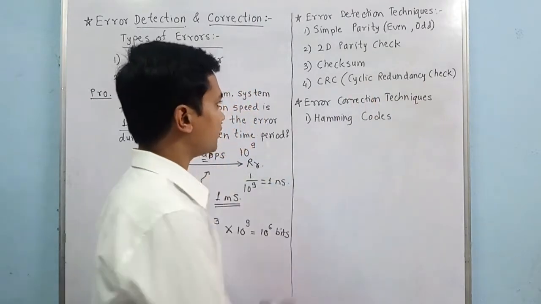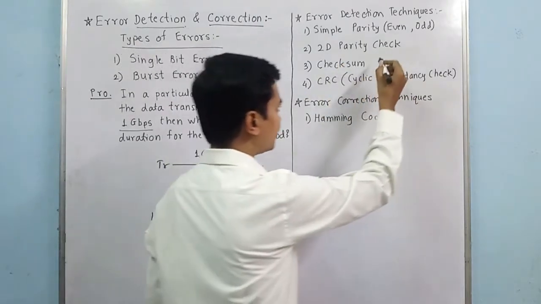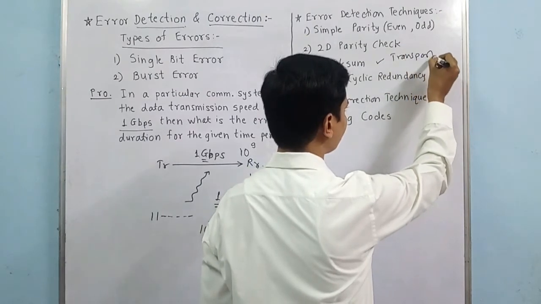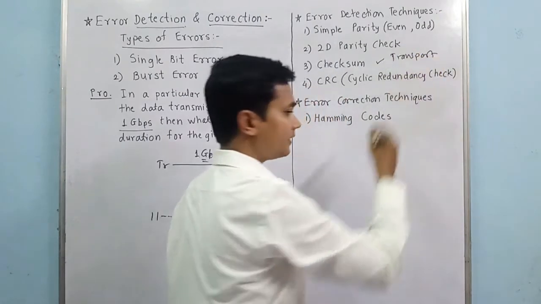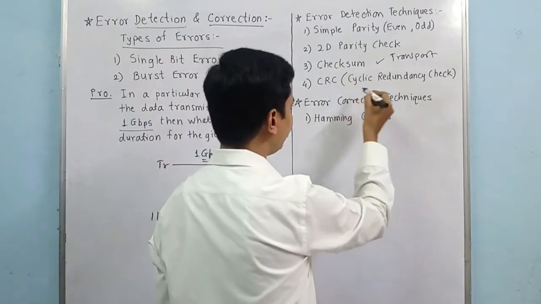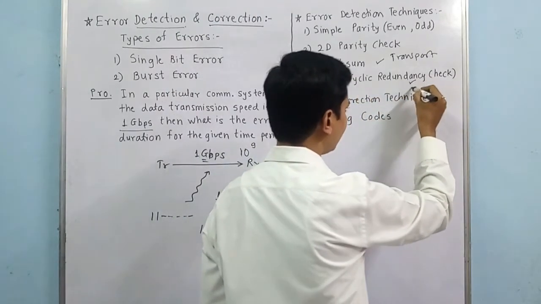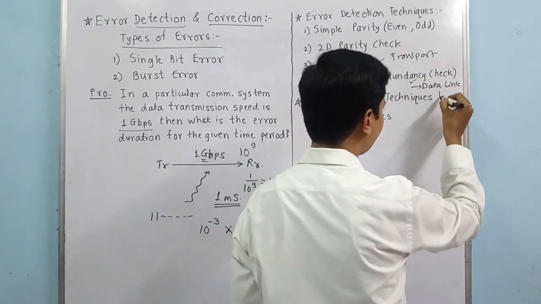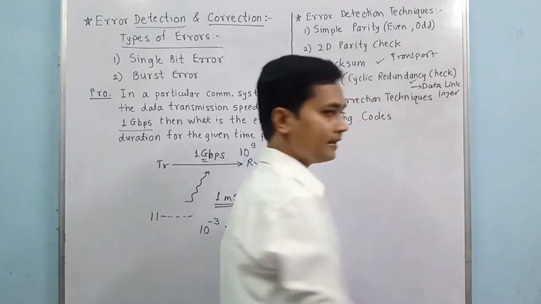Here the checksum is used at the transport layer in the OSI model, and CRC is used at the data link layer.